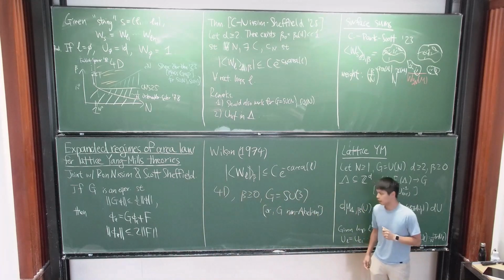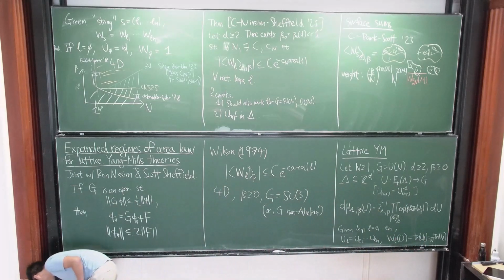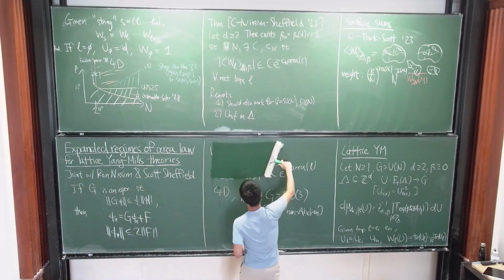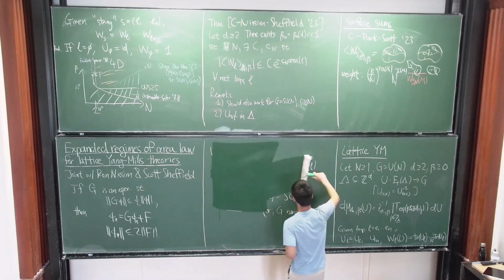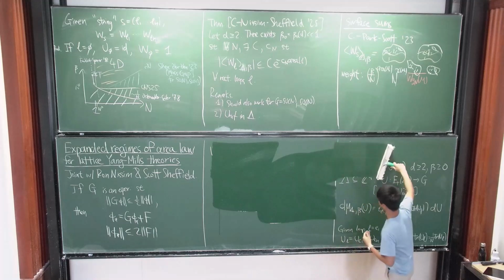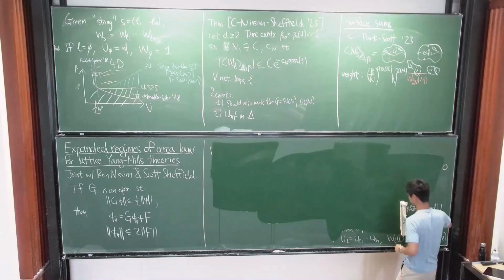Right. Okay, so now let me erase this board. So I asked the question just now: does there exist some analog of Tutte's recursion in Yang-Mills, at least for these surface sums that we see in Yang-Mills?